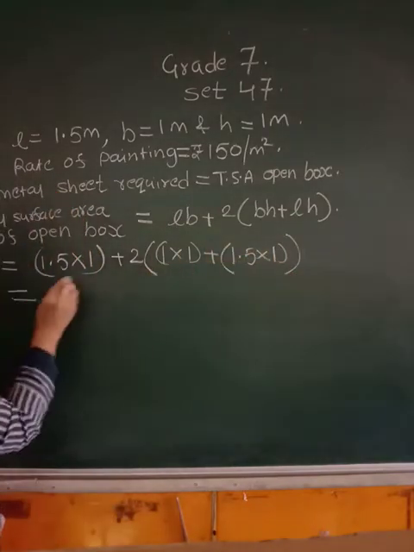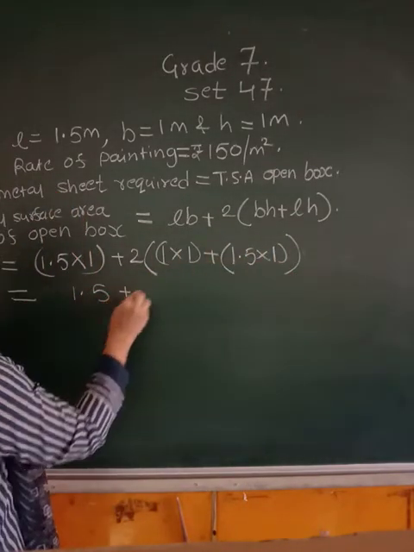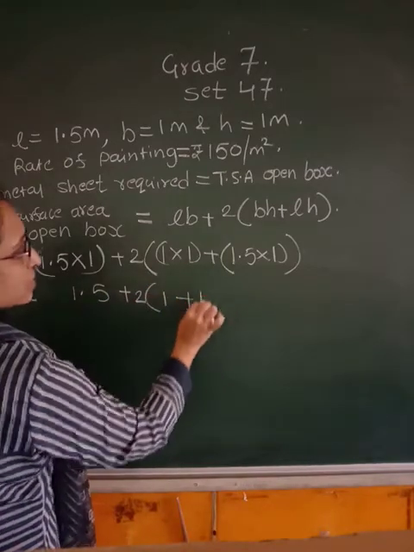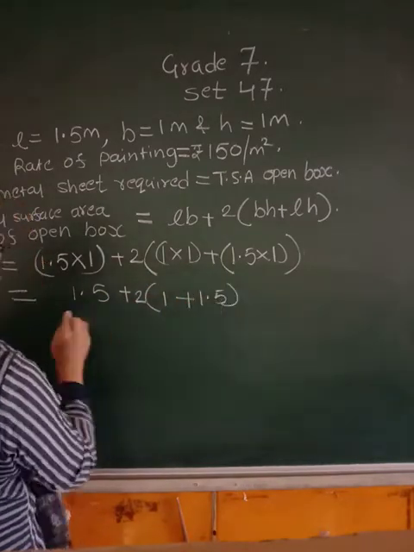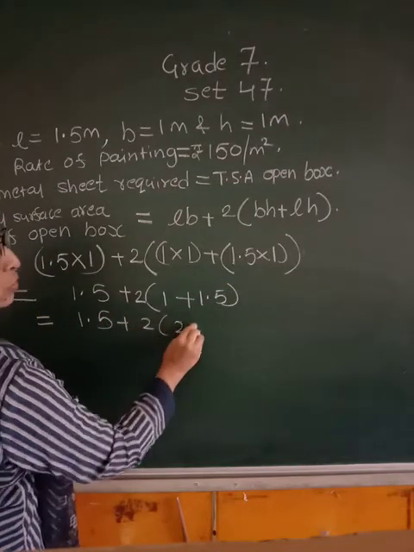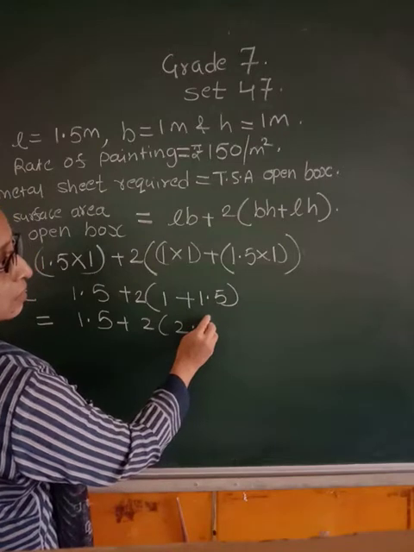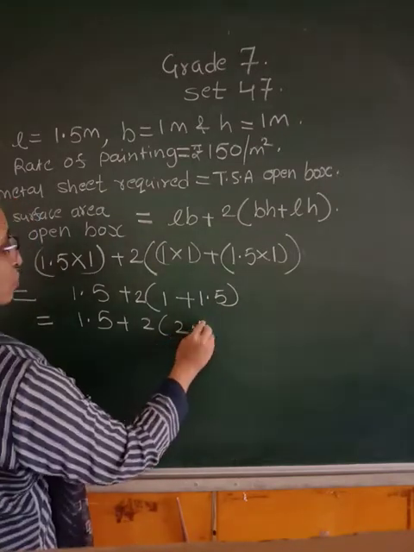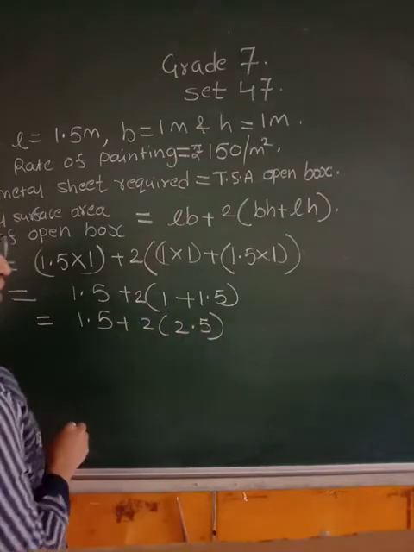So this comes out to be 1.5 plus 2 into (1 into 1 is 1, and this is 1.5), which is 2.5.